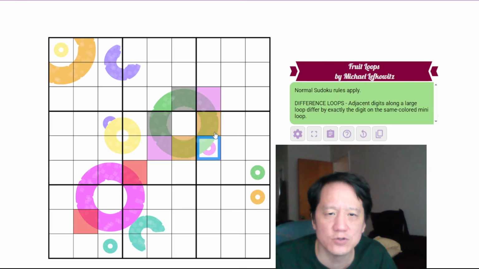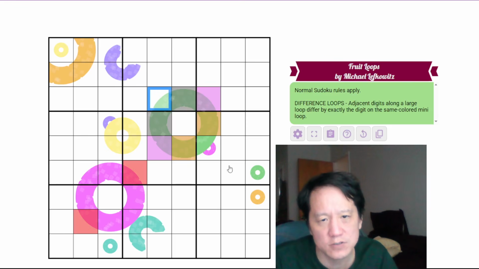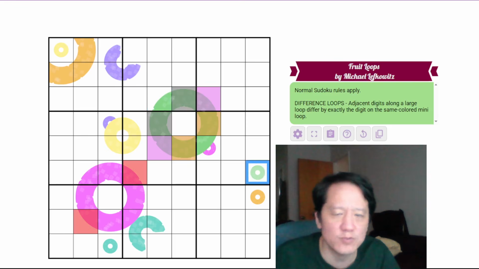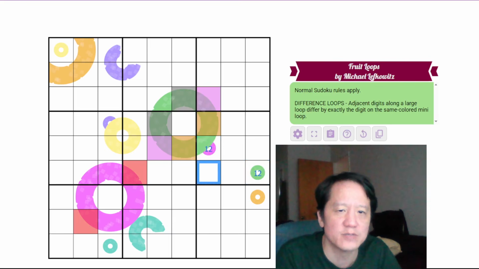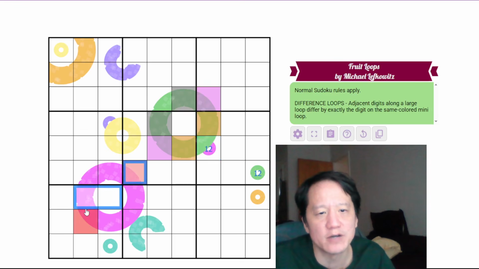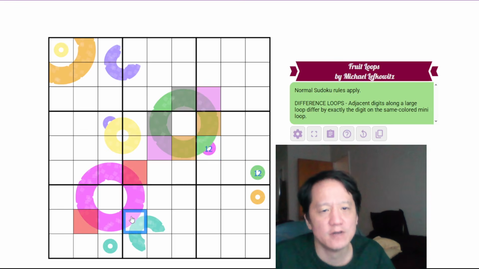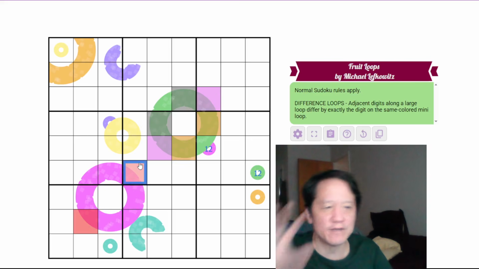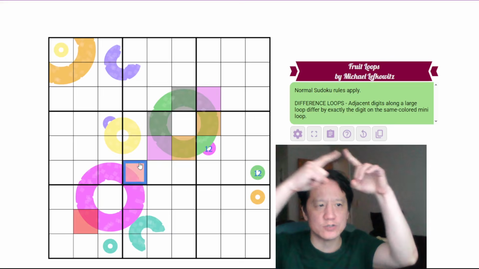You could have 1, 3, 5, 7, 9. That works. So that means green has to be 1 or 2, and pink has to be 1 or 2, because they must match this pattern, and therefore they have to be able to have 5 digits going in a certain direction.